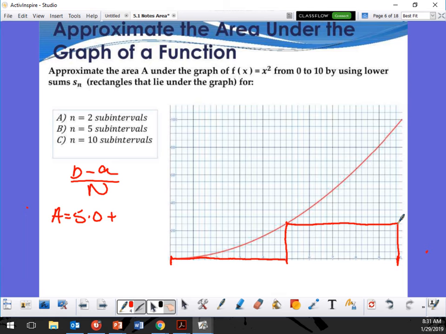So what is that going to be? How do I figure out the f of x? I know my x is 5. So how do I figure out the f of x?